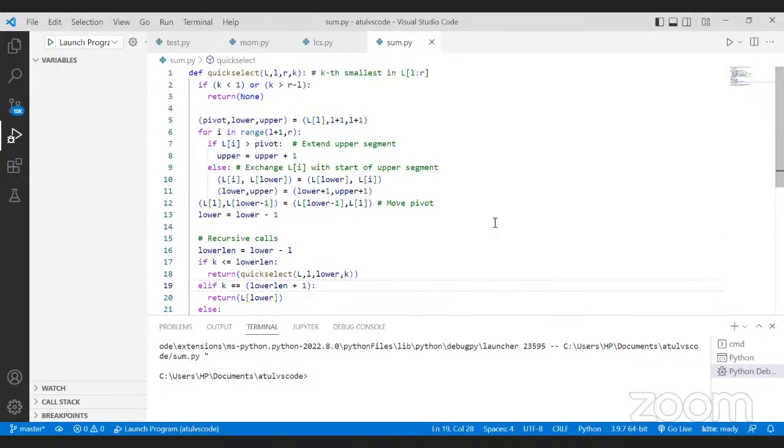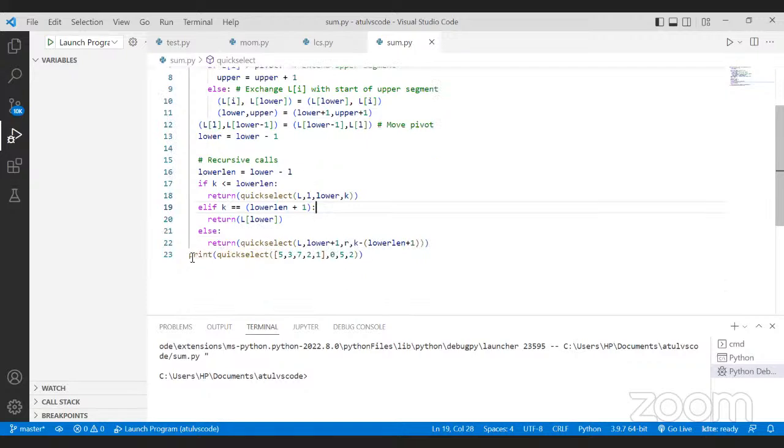Yes, sir. So this is the quick select algorithm, and we can run this step by step. We are calling quick select on this list: 5, 3, 7, 2, 1. We can increase more: 6, 8, 10, 13, and 4.